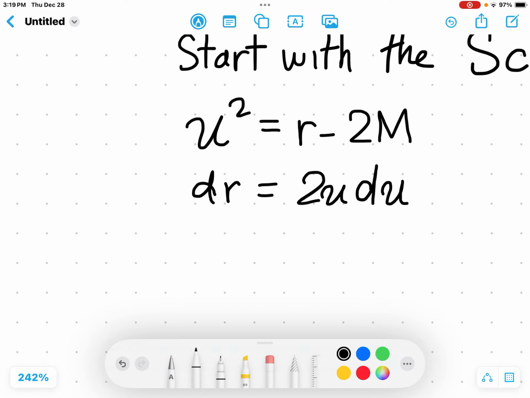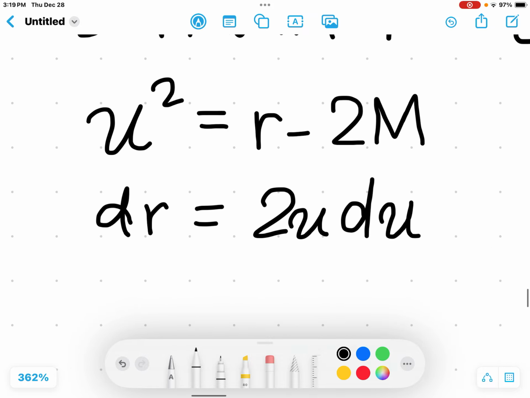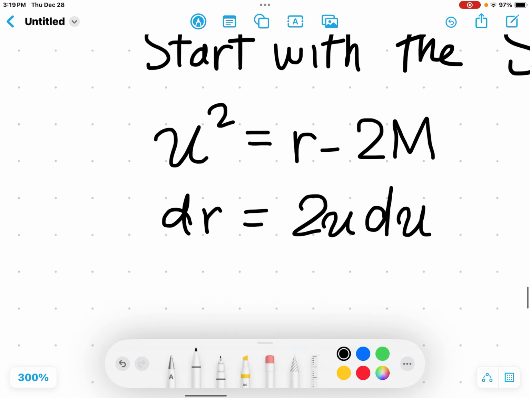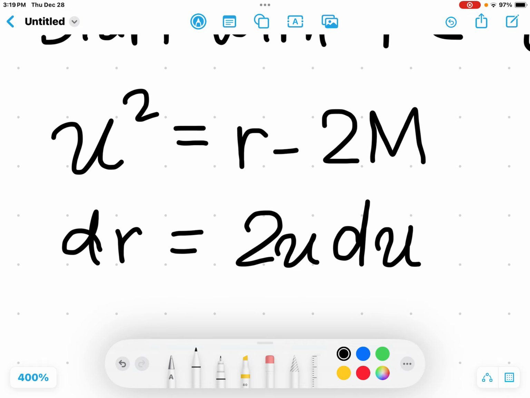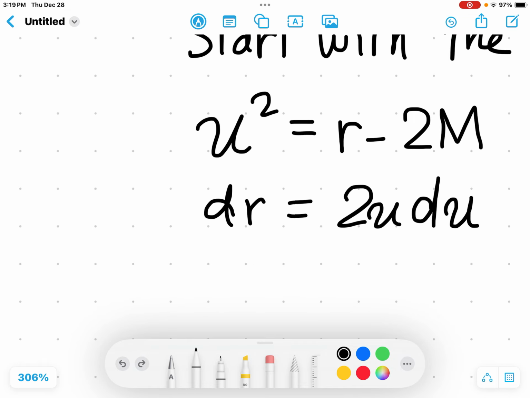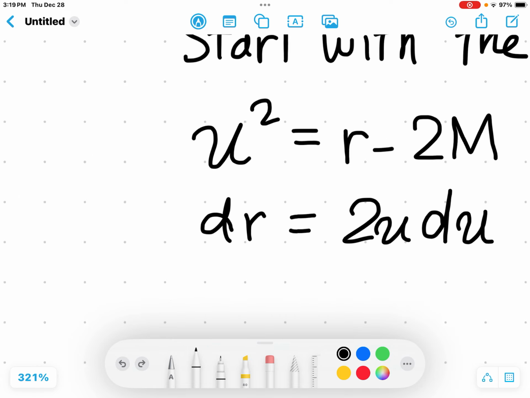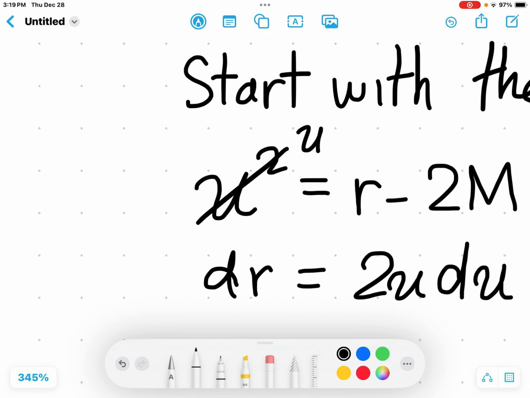Okay. So it makes sense because when I take the differential of both sides, my 2m is a constant, it's going to cancel out, this r is going to become dr, and then my u squared becomes 2u du. Okay, so that makes sense.